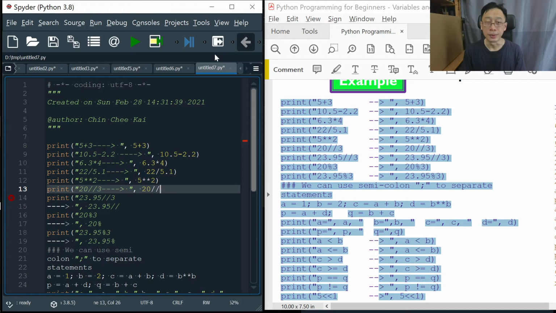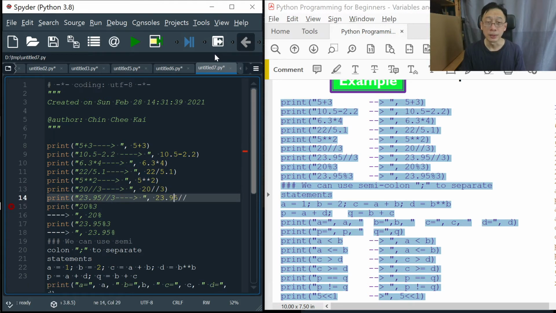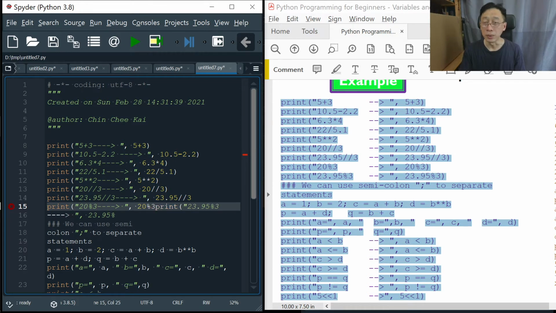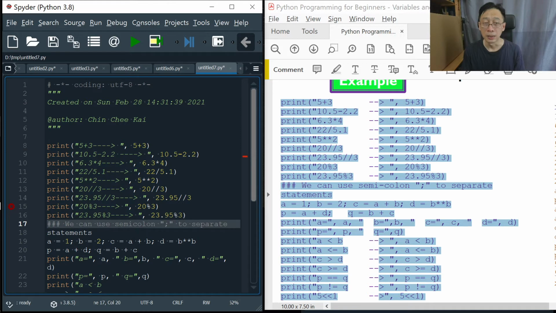Then this is something like that. You see that along the way, we don't see any Spyder red flags over here, which means that we're doing fine. At least on a preliminary scan, Spyder didn't detect anything that is not workable.